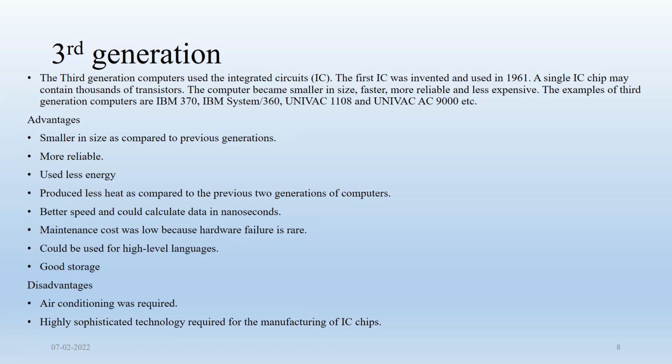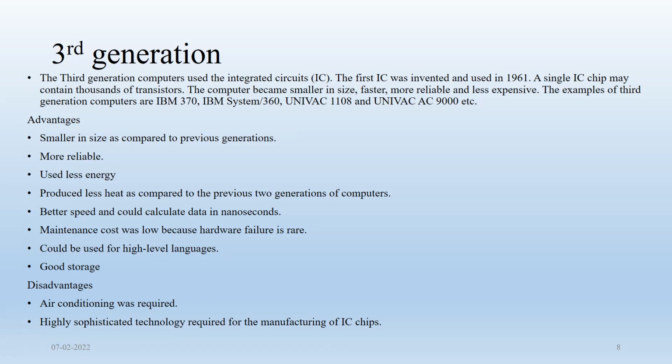Now, advantages of third generation computers: smaller in size as compared to first and second. They were more reliable, used less energy, and produced less heat because they are based on ICs. ICs replaced thousands of circuits with a single chip.